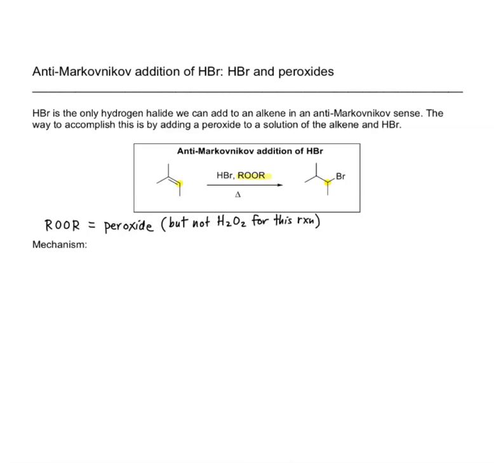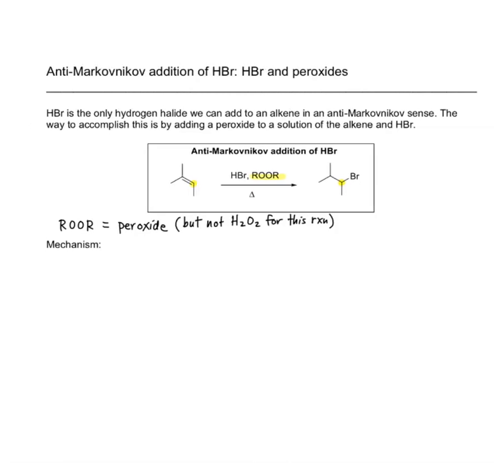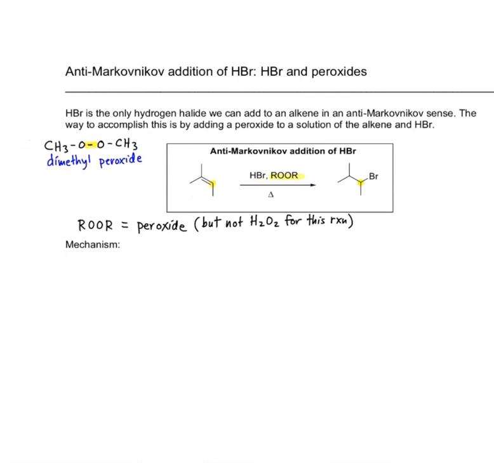Okay, so a couple of examples of peroxides. Here's one. And so what you notice about this is that you have an oxygen-oxygen single bond. This one's called dimethyl peroxide. And then let's do another one if I have room.